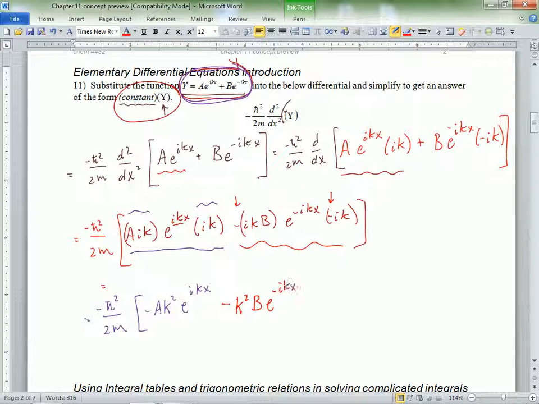e to the negative ikx. Now can you see it? Now you just pull out what, and we'll have our function back again. k squared. Close. Our function was this, so you have to pull out negative k squared.